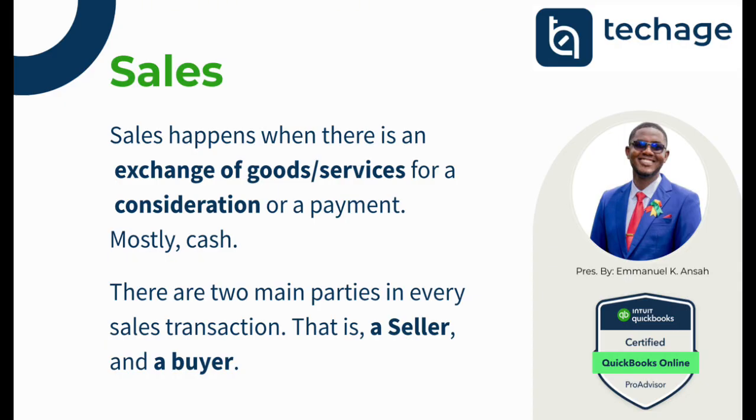And then they all have their bargaining powers. They all have their contractual obligations to perform. So for selling, the seller is supposed to transfer some goods or render some services to the buyer. And then in response, the buyer will also give out a consideration, being cash or any other form of payment. So that is what we are going to go through.